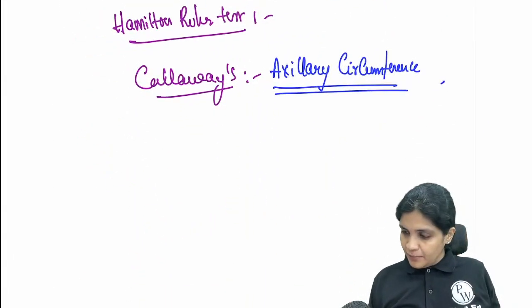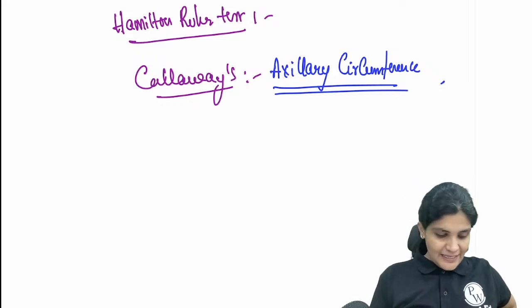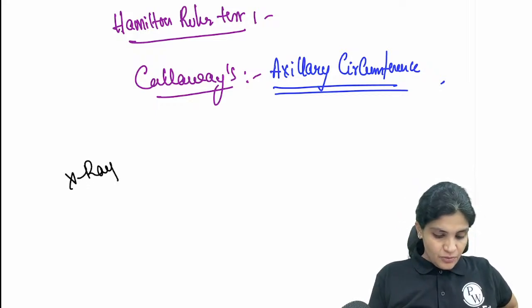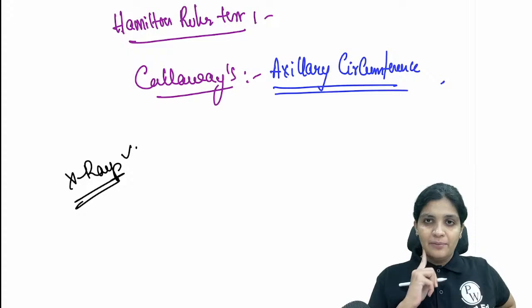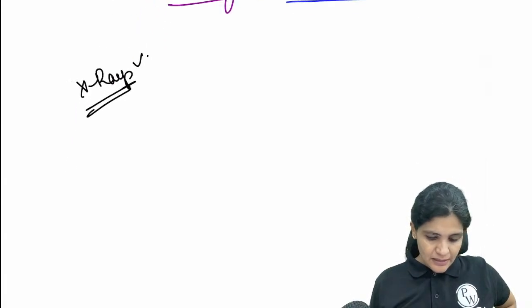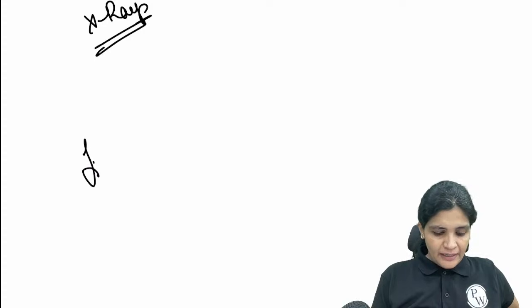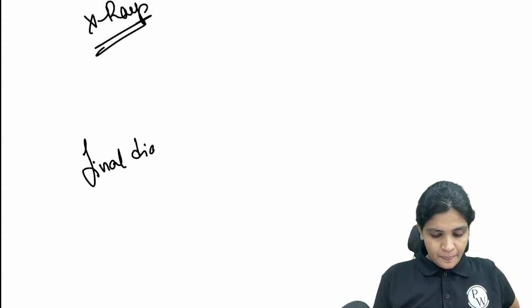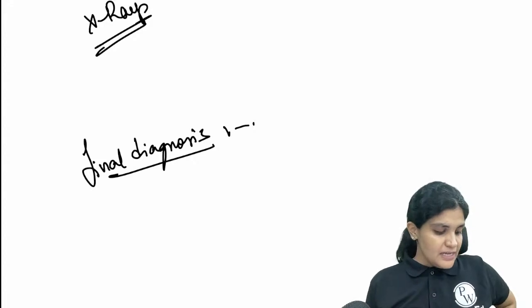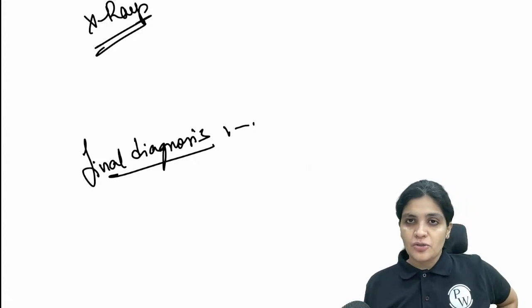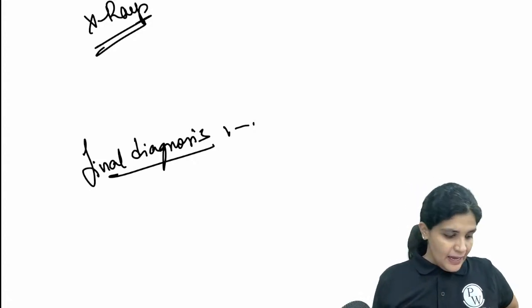These are the main important things, and then you go for the X-ray. They will ask you regarding the X-ray to identify whatever is in the X-ray, right? And then you will tell the final diagnosis. That is how we complete the case of the shoulder joint, right?